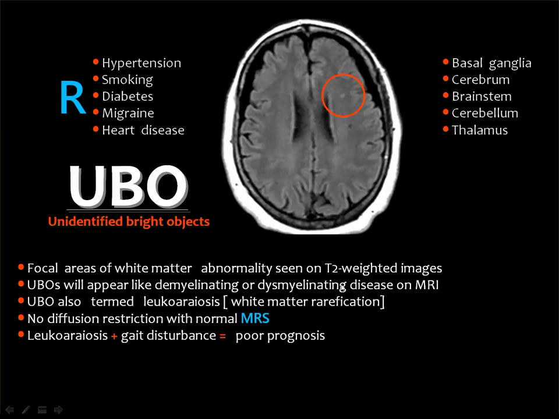Actually, there is an entity in the current literature which is known as unidentified bright objects. This means that in a patient who is not actually complaining of neurologic deficits, you may be confronted by one or two or three lesions in the white matter showing this appearance.